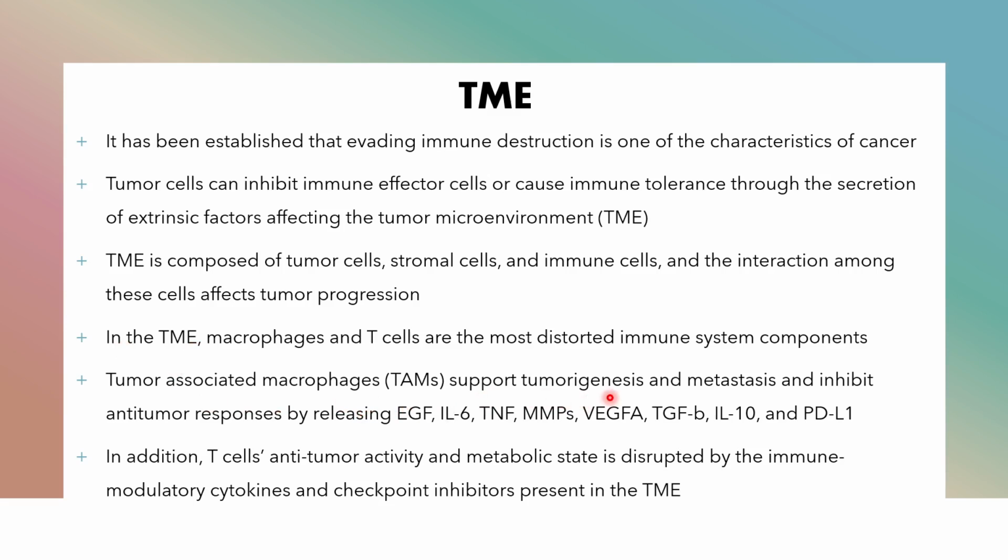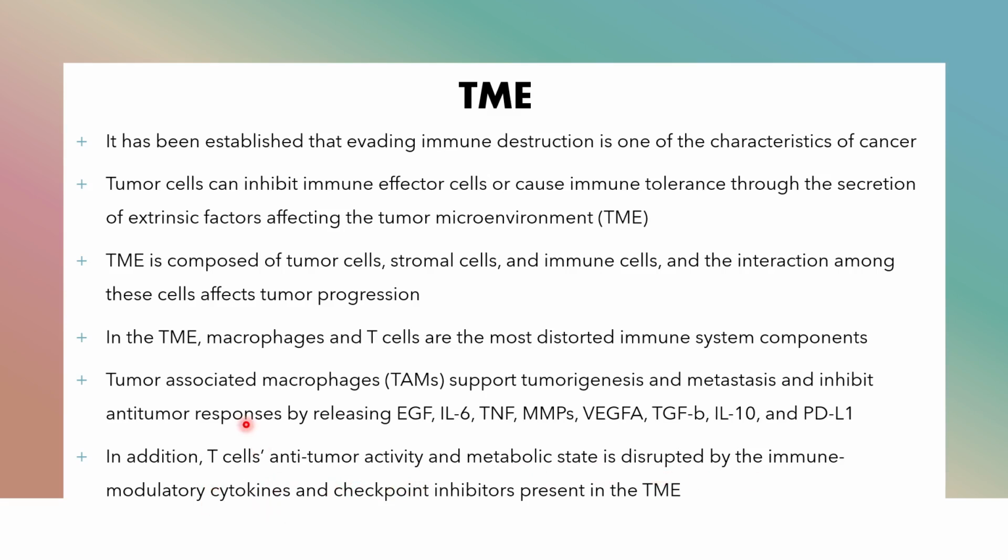Tumorigenesis means new tumor formation, new tumor generation, and metastasis, and they inhibit anti-tumor responses by releasing different types of factors like IL-6, VEGF, TGF-beta, and so on. So that's why these macrophages and T cells are very distorted in the tumor microenvironment. And T cells' anti-tumor activity and metabolic state is disrupted by the immune modulatory cytokines.